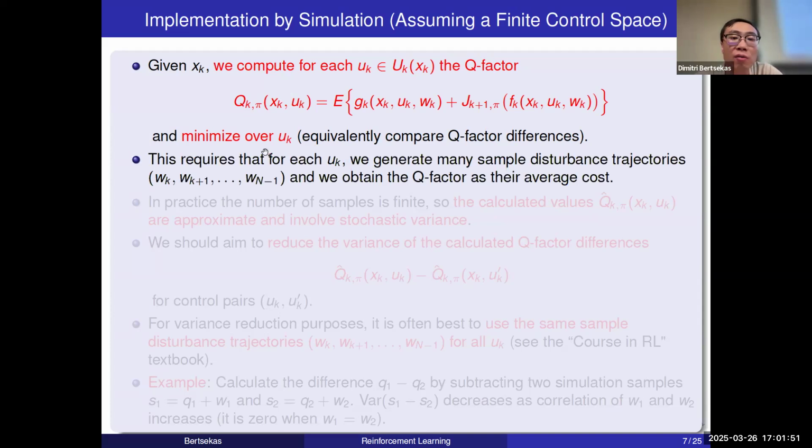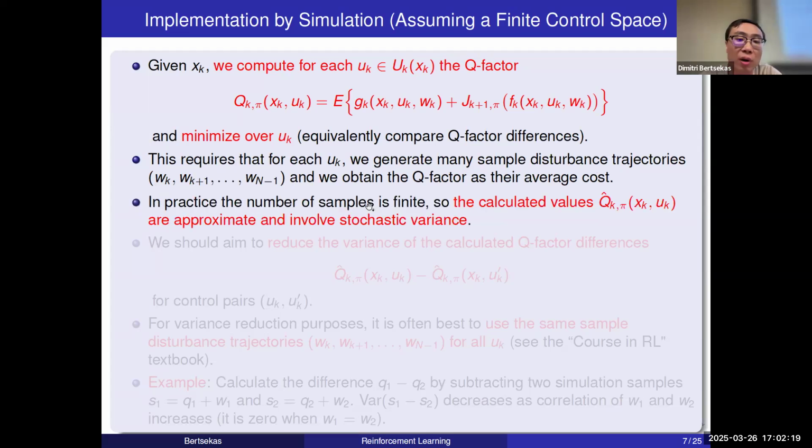Each of these Q-factor calculations requires, for each u_k, that we generate many sample disturbance trajectories, w_k, w_{k+1}, up to w_{N-1}, in order to estimate the Q-factor by averaging over the samples we get.